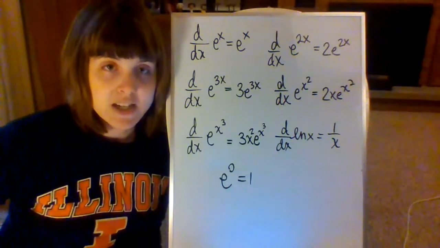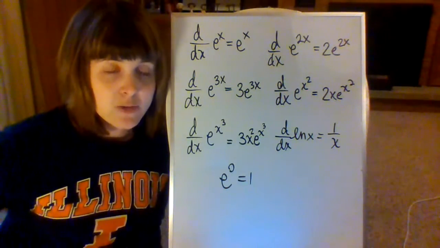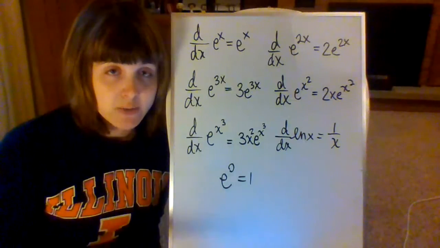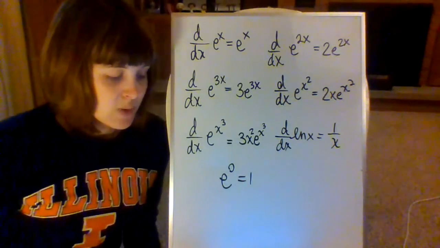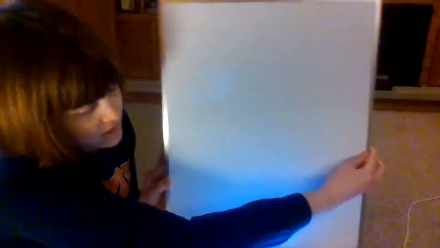So if you get a 0 over 0, or an infinity over infinity, when you try to use direct substitution when finding limits, that's why we use L'Hopital's rule. Okay, so I'm going to erase this. Alright, so we're ready for example 1.